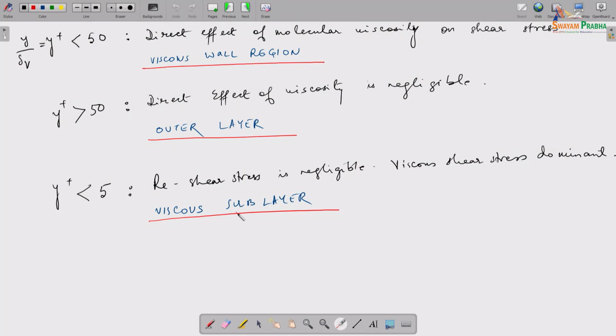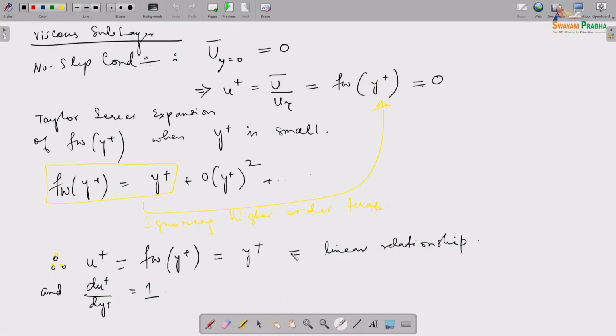This is the viscous wall region, and this is the viscous sublayer where, even in a turbulent flow, only viscosity effects are dominant, turbulent regions are not. What we have figured out here in the viscous sublayer, with the no slip condition, is that u plus is equal to y plus, a linear relationship, and du plus by dy plus is 1. This is the viscous sublayer.